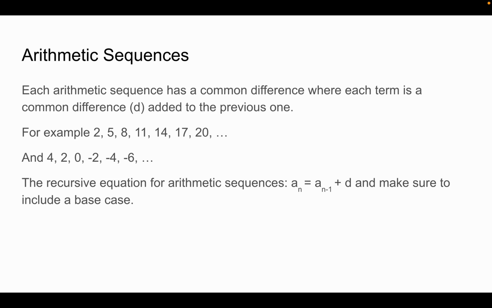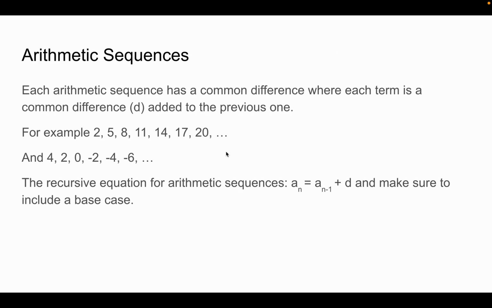There are two basic equations for arithmetic and geometric sequences. The first one is the recursive equation, and if you saw my programming videos, you would know that a recursive function or equation basically calls itself.